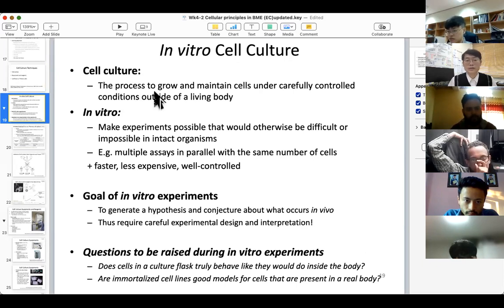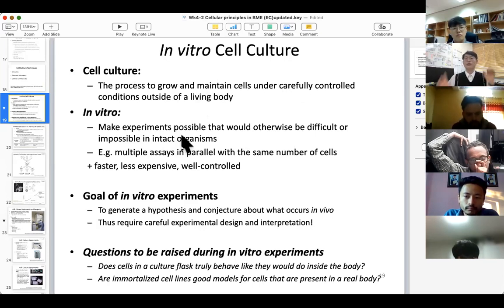So cell culture is growing and maintaining cells under carefully controlled conditions outside of a living body, okay? And in vitro, we already discussed. The important thing is, in vitro experiments allow experiments that are very difficult or impossible in intact organisms.